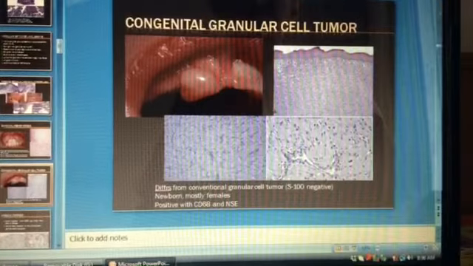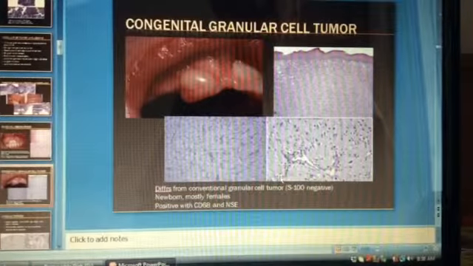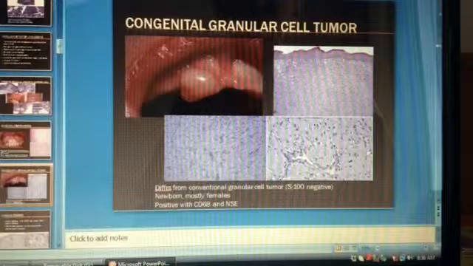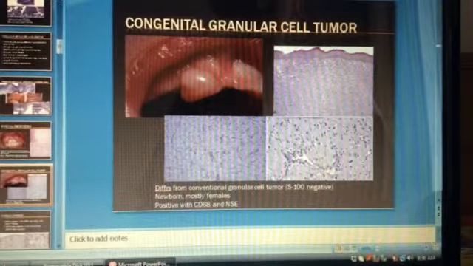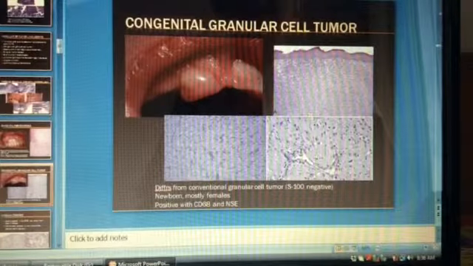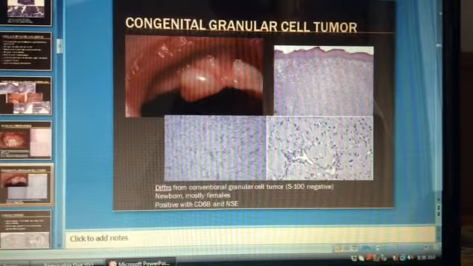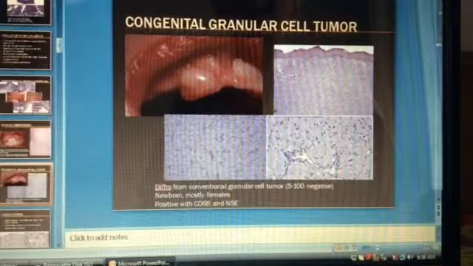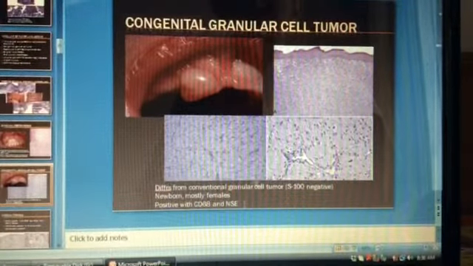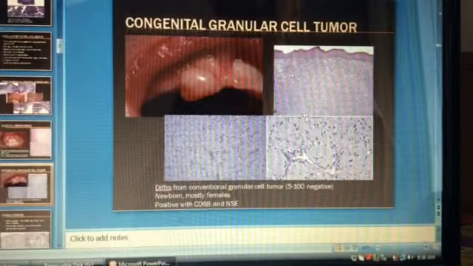But in contrast to typical granular cell tumors that we'll see elsewhere later, this tumor is S100 negative. It is not quite the same histology, but it's a similar submucosal tumor. It does stain with CD68 and NSE, but not with S100.